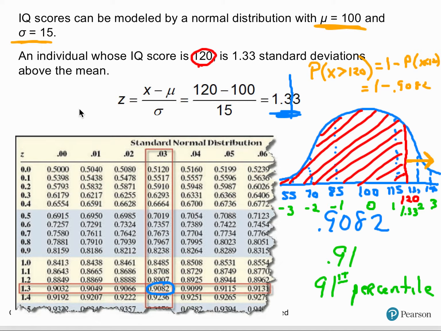So let me get my calculator out and we'll go over it right quick. What you do is you hit second vars again to go into your distribution. You go down to the normal CDF, the cumulative one that we did.